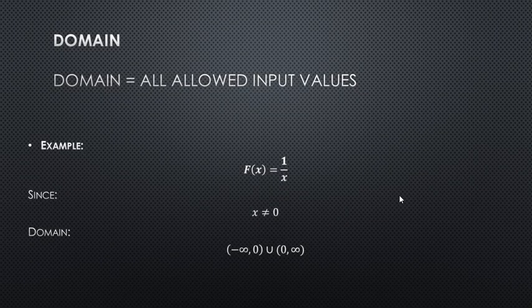Therefore, x cannot be 0. Every other real value is allowed, so the domain is all real numbers except 0. In interval notation, we can write this as negative infinity to 0, union 0 to infinity. Whenever you see a function, one of the first questions you should ask is, what values are allowed?